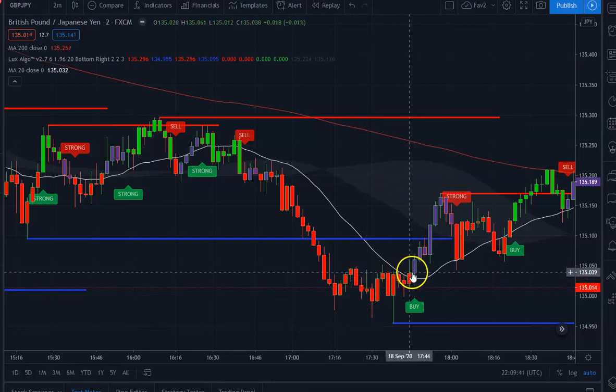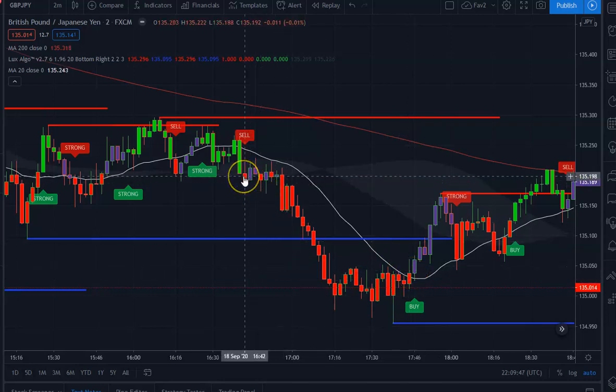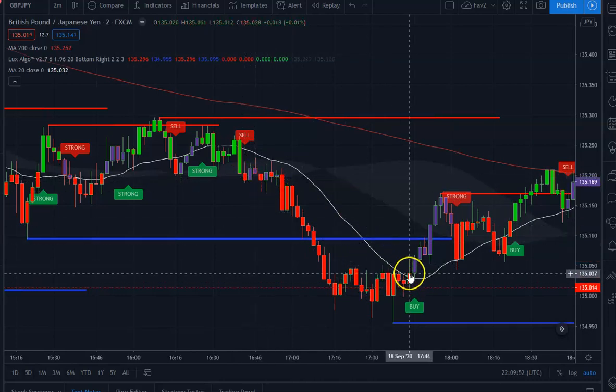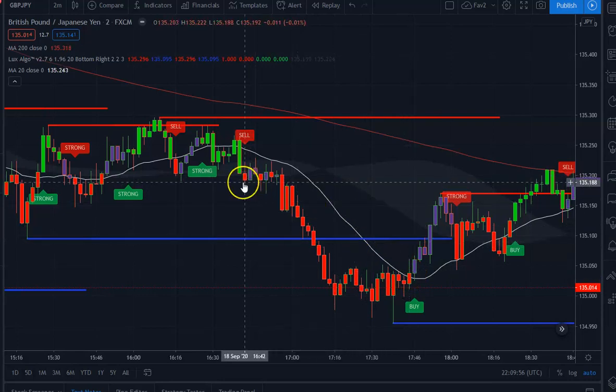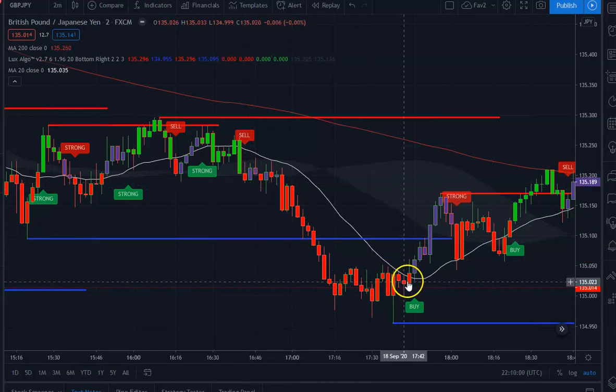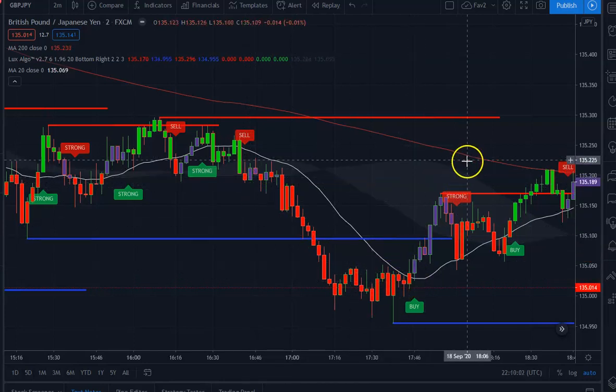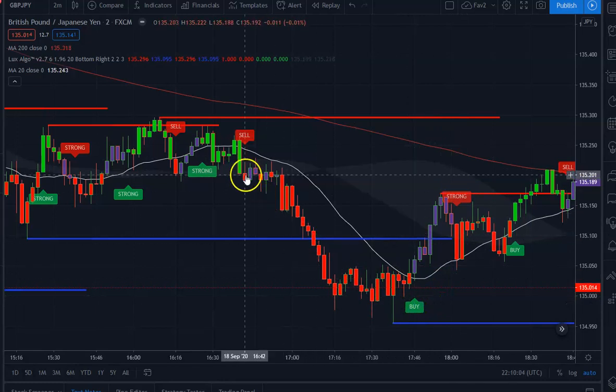And sure enough, if you wait for it to close above the moving line, you would get out here. You got in at 135.192 and you got out here at 135.03, so you got about 15 pips. Not bad. And how many candles is this?